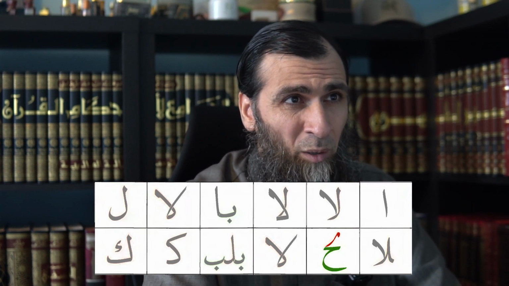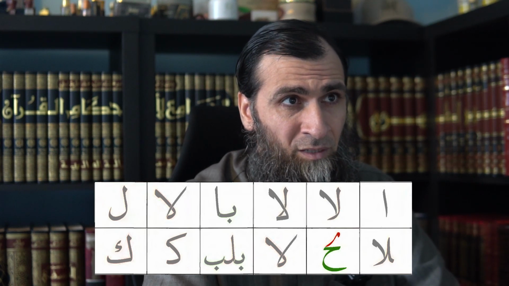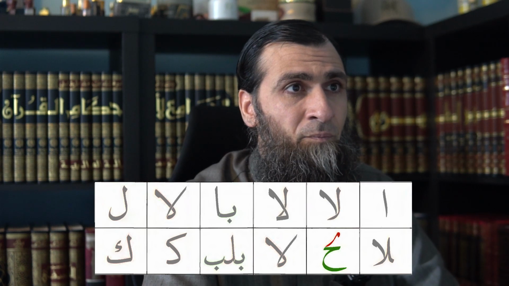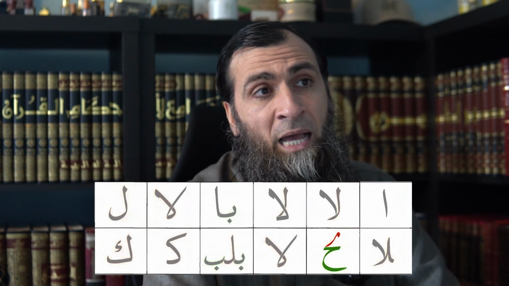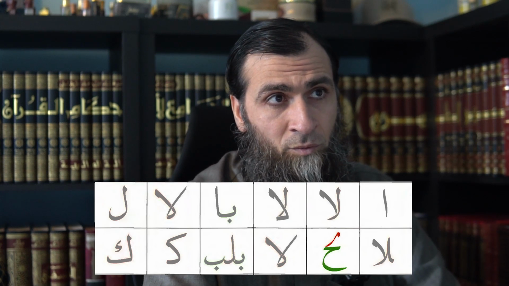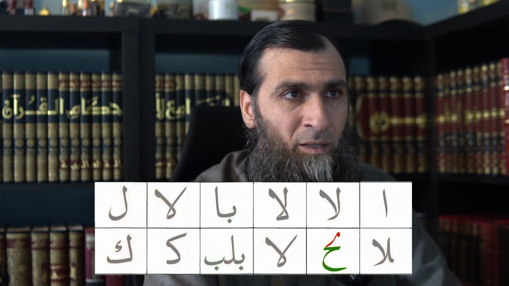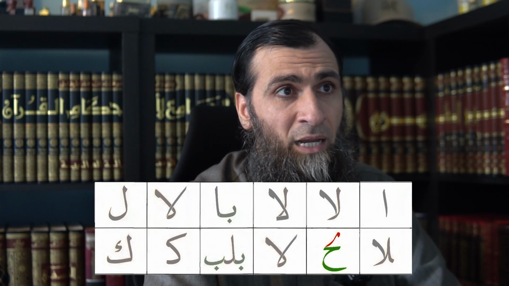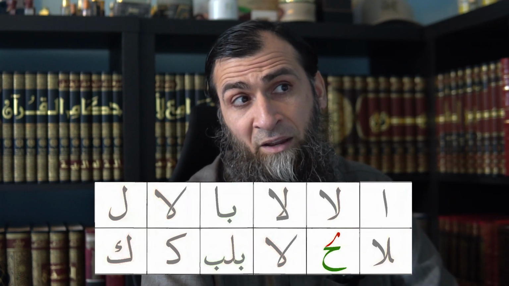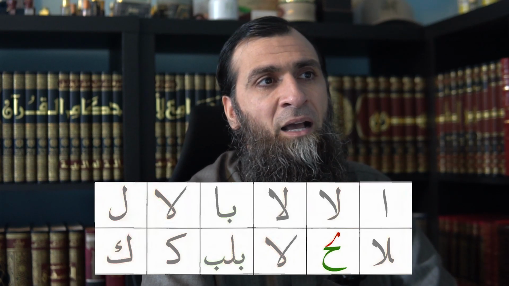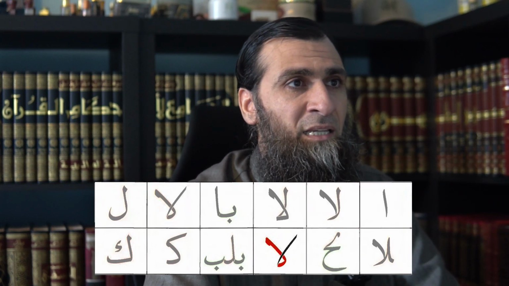Lam, you probably thought that was like an alif, but that is not an alif. That is lam. And alif is not connected to the letter after it. So we know that it's not alif because alif is not connected to the letter that comes after it. So here, this is connected to the letter after it, so it can't be alif. So it has to be lam. All right, lam and then ha. Same thing here, lam, alif.